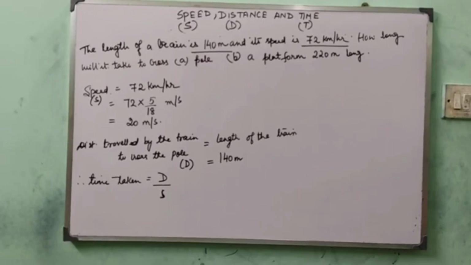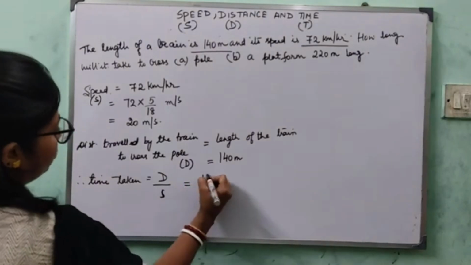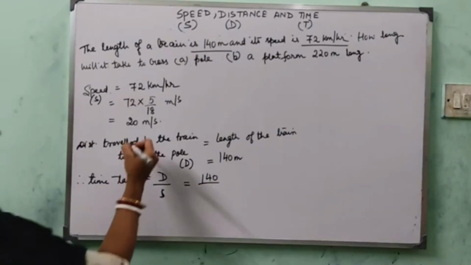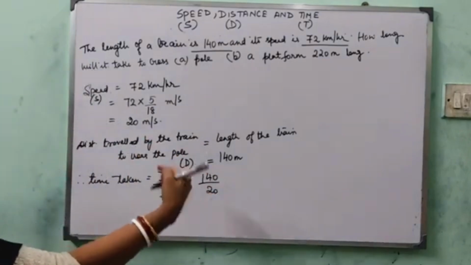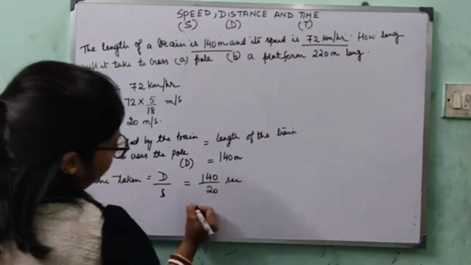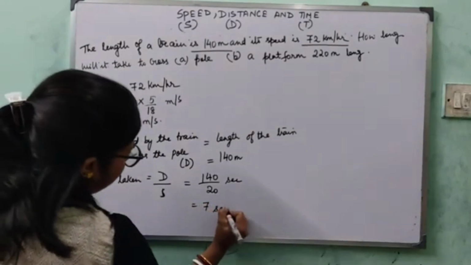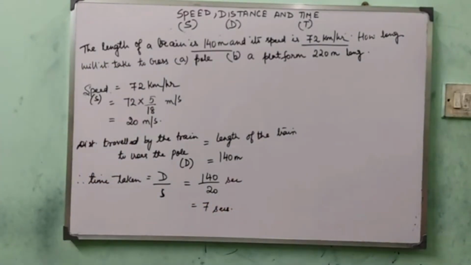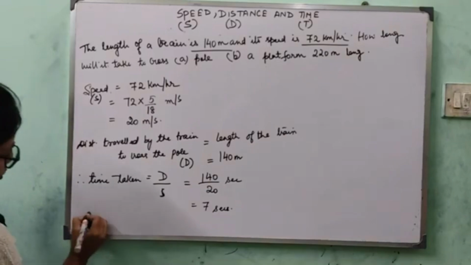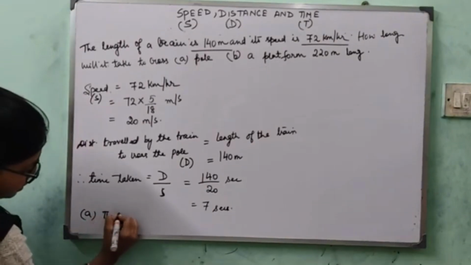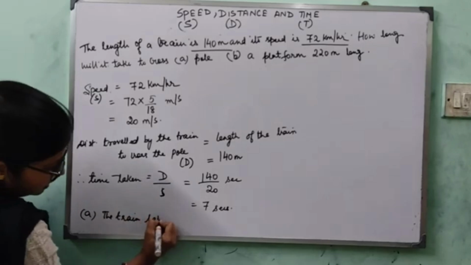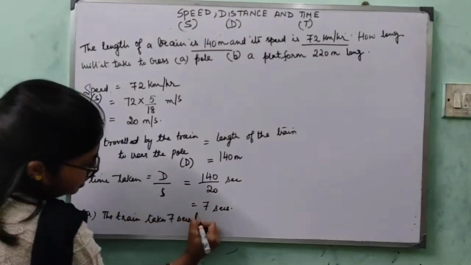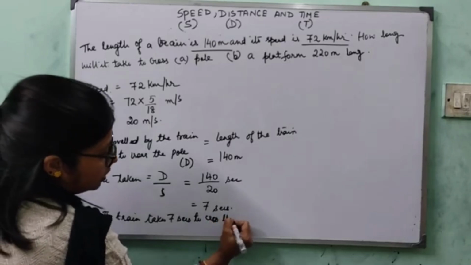So the time taken by the train to cross the pole will be distance traveled by the speed, that is 140 by 20. This is in meters, this is in meter per second, so time will be in second. So that is equal to 7 seconds. So the time taken by the train to cross the pole is 7 seconds. So your A answer is the train takes 7 seconds to cross the pole.